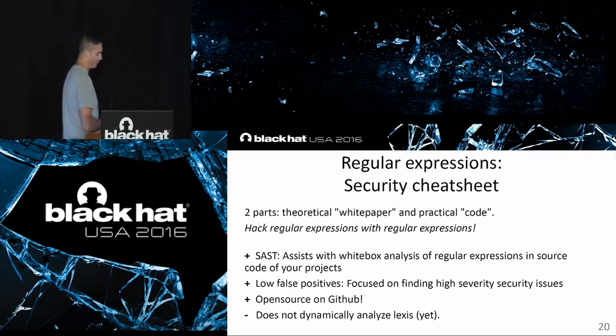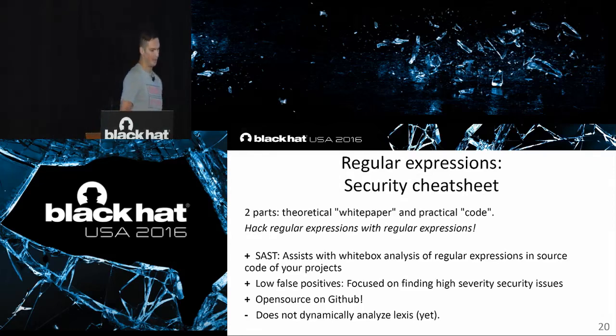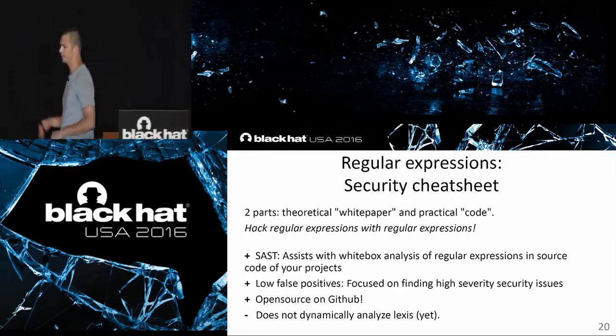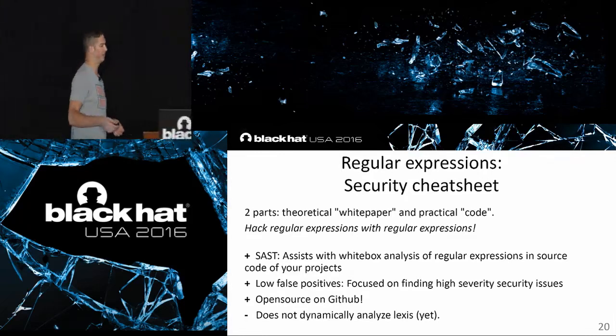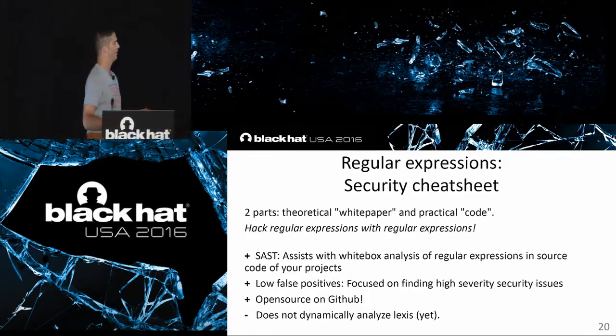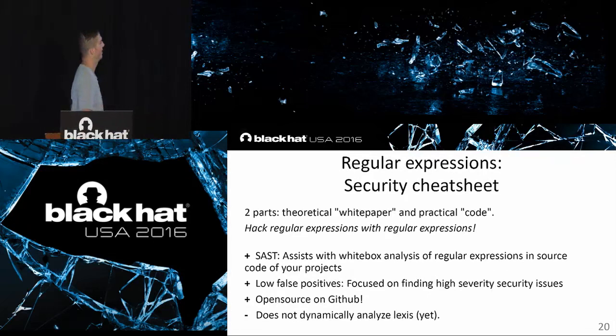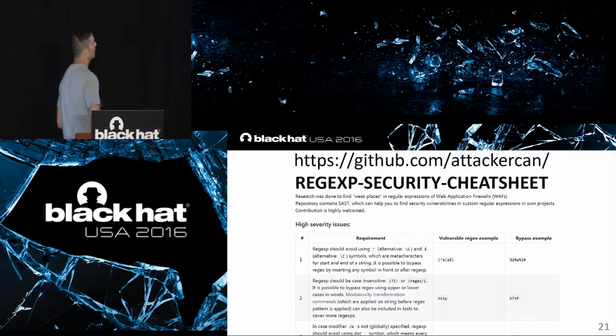I will show you the link after this slide. And since I wanted to hack all the regular expressions I had on my laptop, remember the web application firewalls, 500 regular expressions, I coded a tool which can assist with static analysis of the code with as few false positives as it could be. So here it is.